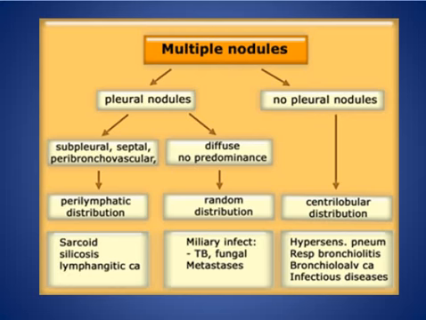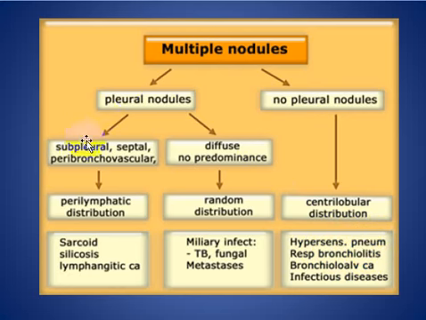To sum up again, if we have multiple nodules in the lung, we want to see if they touch the pleura or not. If they do not touch the pleura, this is centrilobular in distribution, and our list of differential diagnoses includes hypersensitivity pneumonitis and respiratory bronchiolitis.